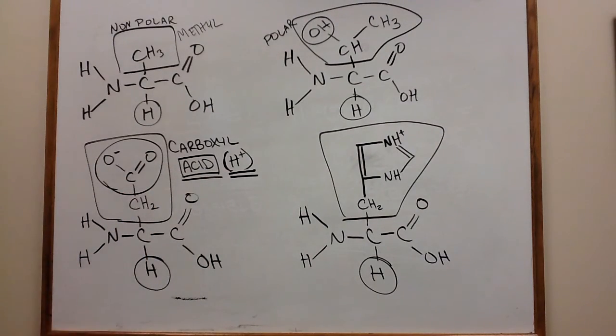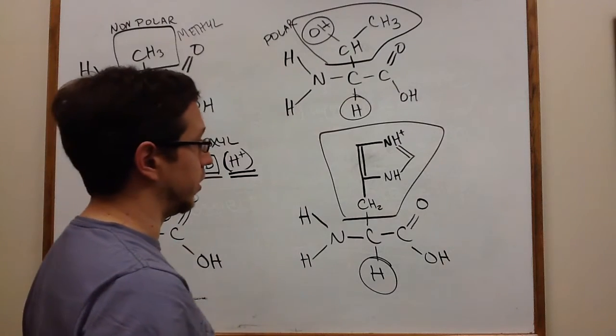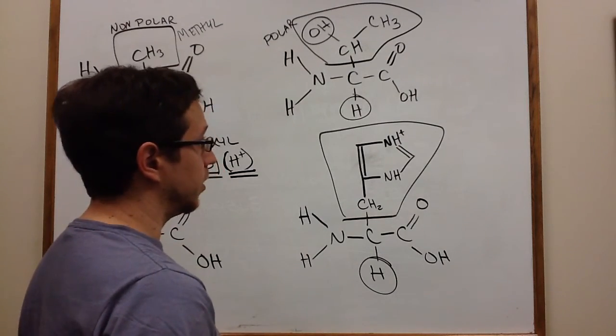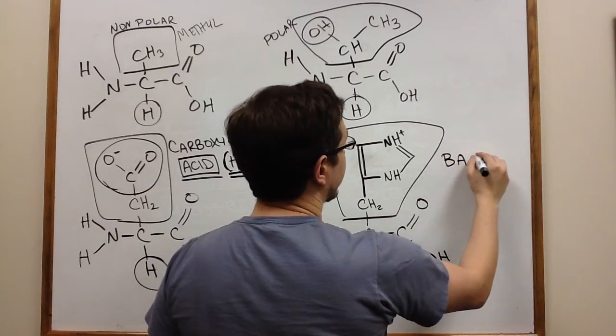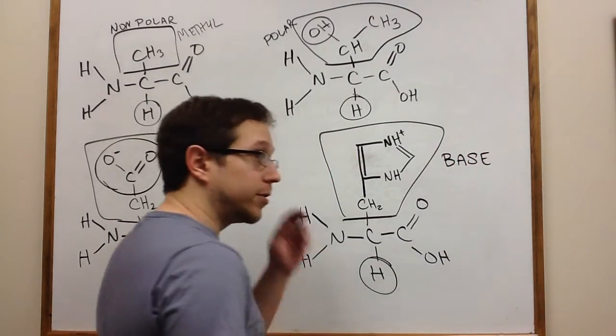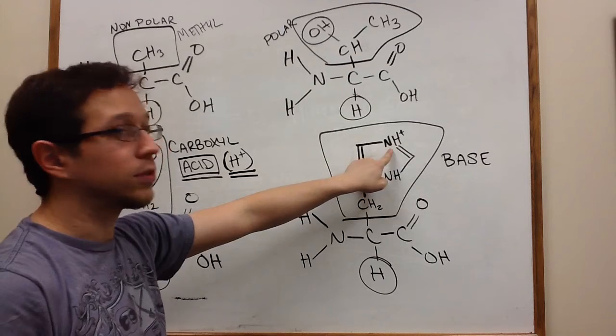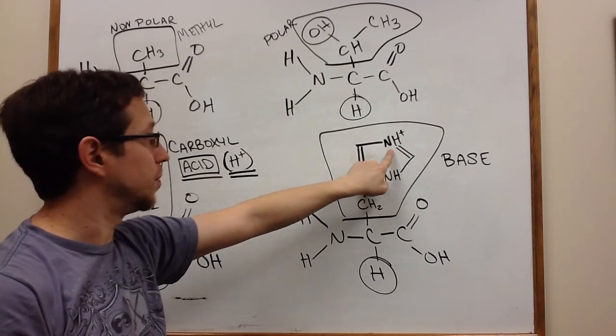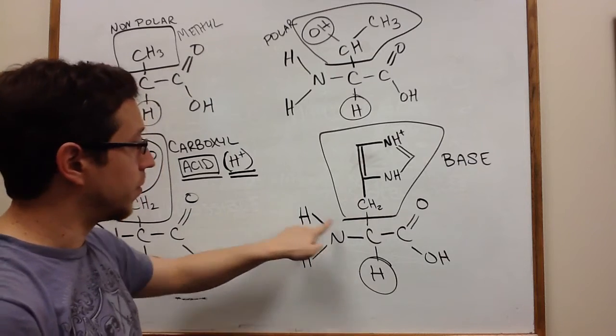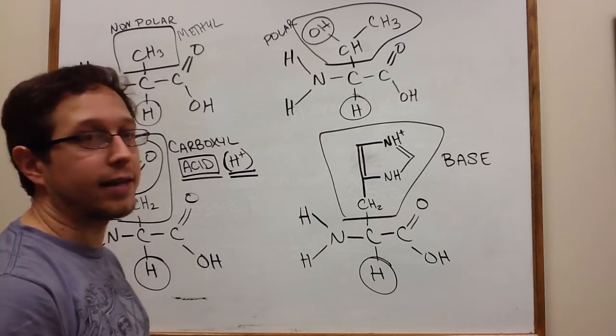Okay, so let's come to our final amino acid here. This one is classified as a basic amino acid. Now let's explore why. First and foremost, this looks like a variant of that amino functional group that we saw. Okay? And remember, amines typically act as bases.